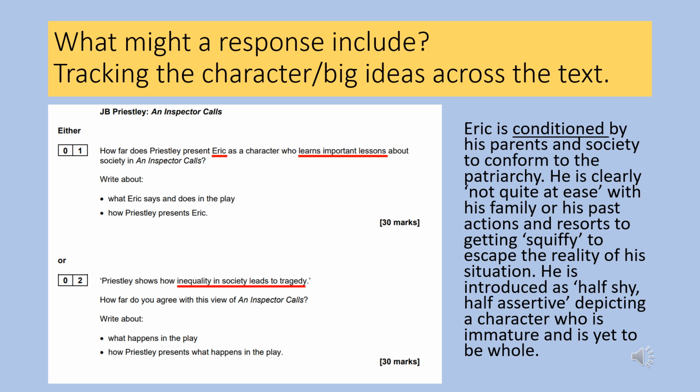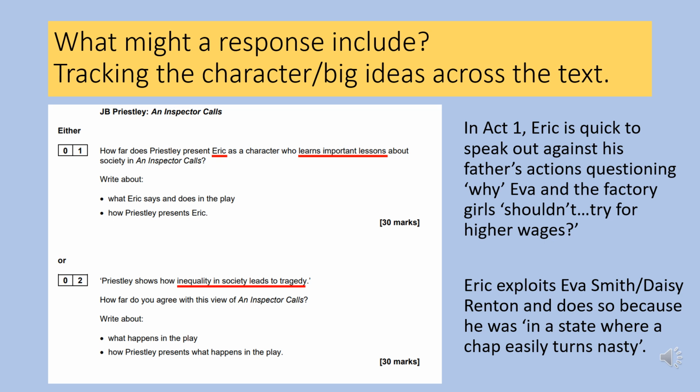This is very similar to Sheila. Sheila is also introduced to us as half serious, half playful. Both of the younger generation are mouldable through this description. In Act 1, Eric is quick to speak out against his father's actions, questioning why Eva and the factory girls shouldn't try for higher wages.